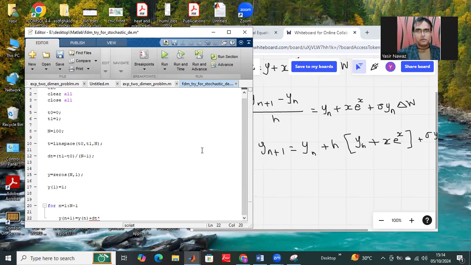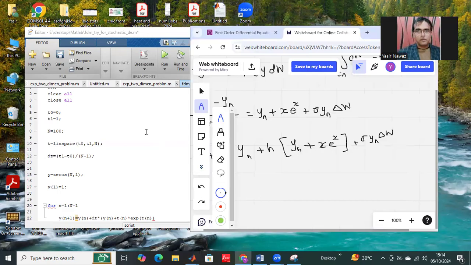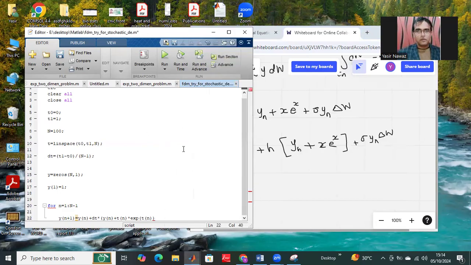I use dt and then y_n plus t_n multiplied by e to the power t_n, then plus sigma y_n, and that's the Brownian term.